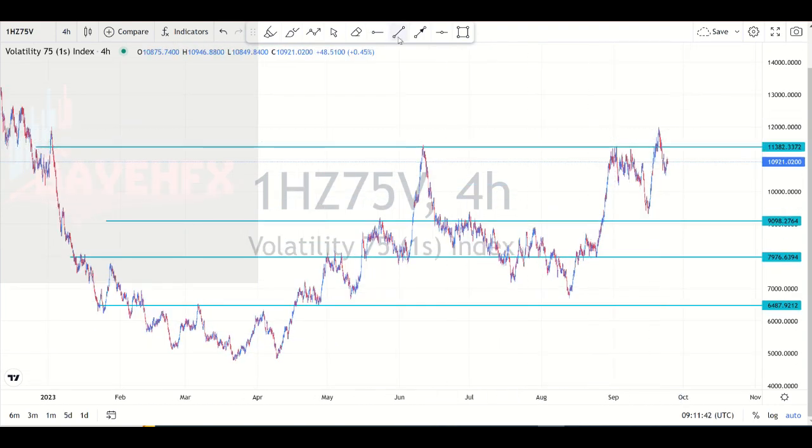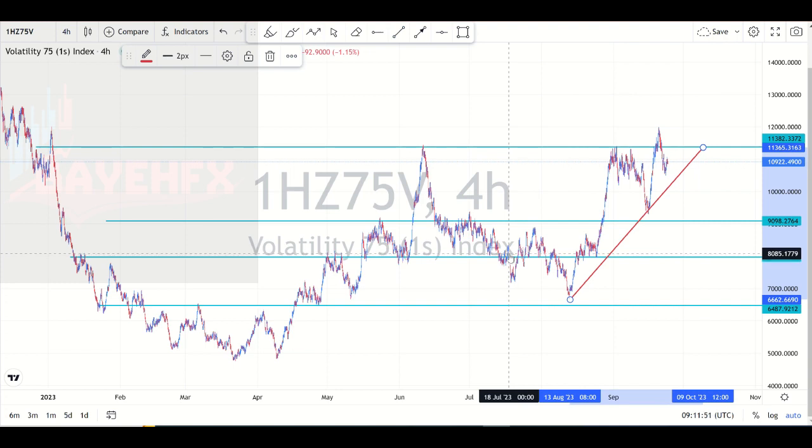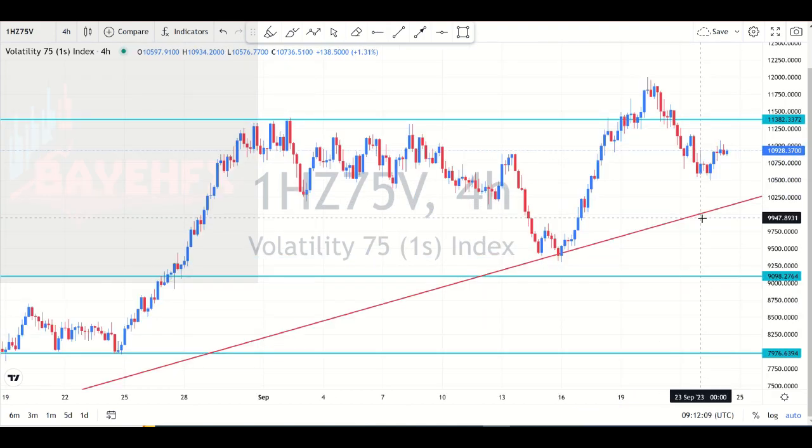Because if you see here, we are in a valid uptrend there on VIX75, creating higher highs and higher lows, creating another higher high there, and then a lower high. Very, very nice, right? Right now, our uptrend there is valid, so we are in a correctional zone.